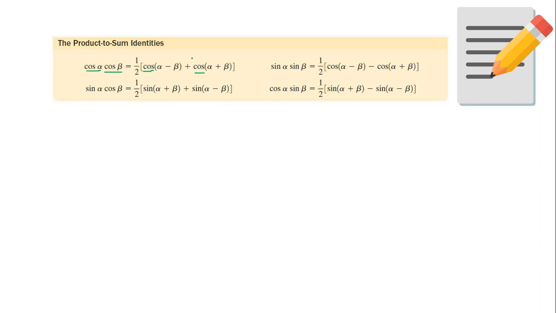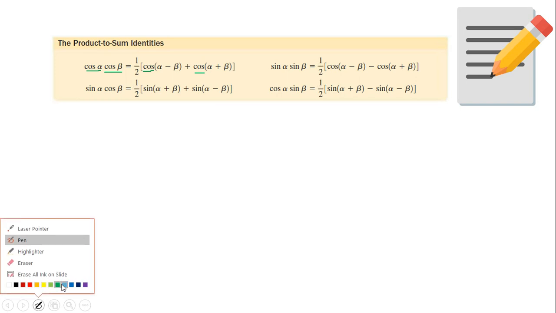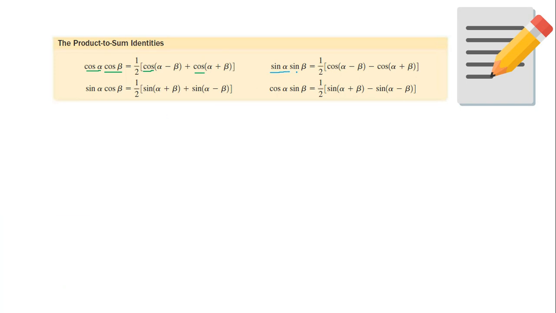Now I could also have sine alpha times sine beta, a sine times a sine, two different angles. It's going to be one half times the quantity of cosine alpha minus beta minus cosine alpha plus beta. So sine times sine deals with two cosines and a subtraction sign. Cosine times cosine also deals with cosine, with an addition sign on the inside.